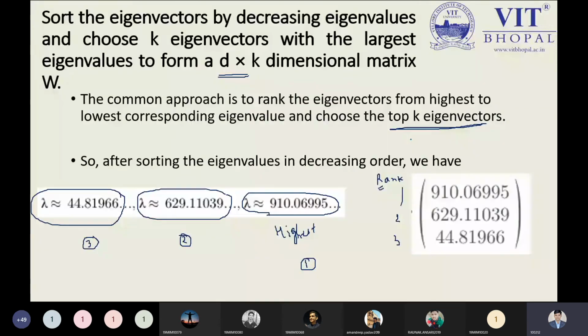From this perspective, we can observe the values we got, and these values I can put over here.